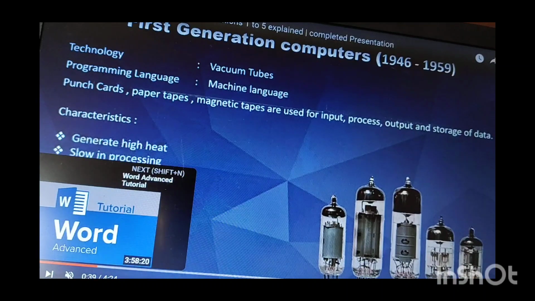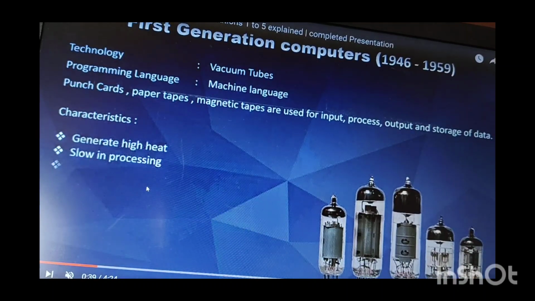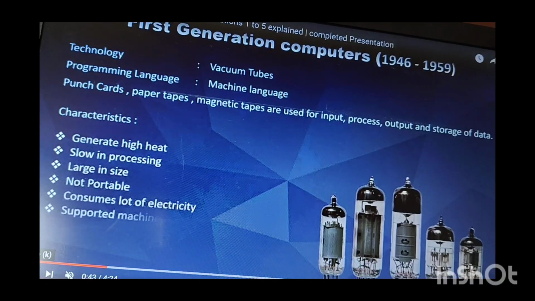Okay. Now let's come to the characteristics of each computer, which is very important. This type of computer was very big, it took the size of a room, and it generated high heat. The processing was very slow. It was not portable, as it occupies the space of a room.